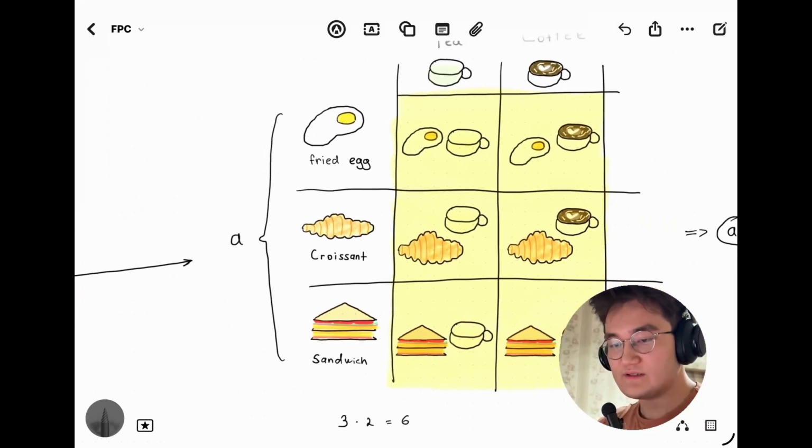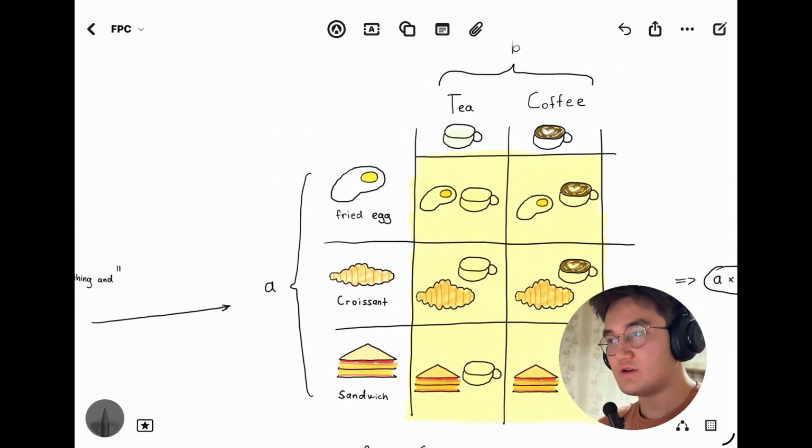As you can see here, we can have fried egg and tea, fried egg and coffee, croissant and tea, croissant and coffee, sandwich and tea, sandwich and coffee. And I intentionally highlighted, you see here the yellow highlight on this table.